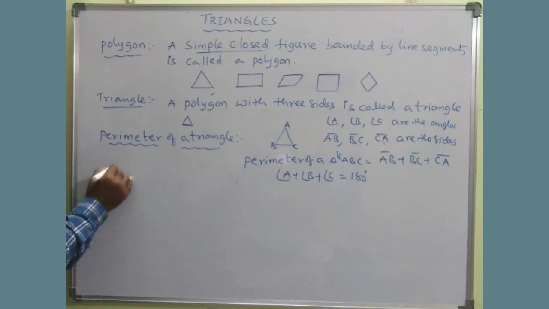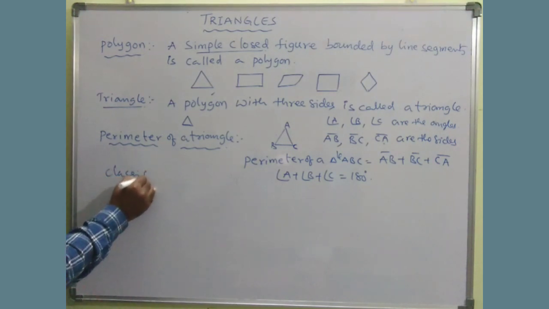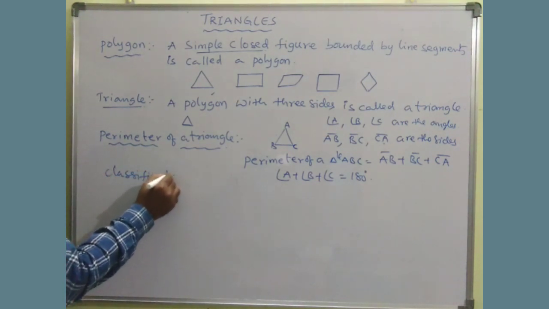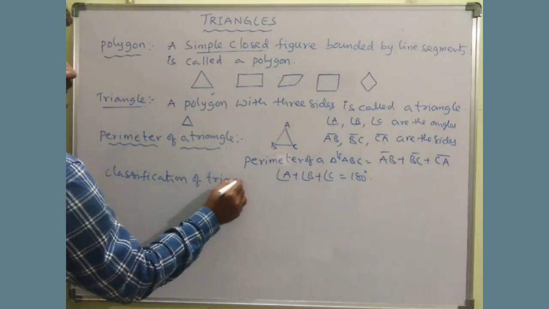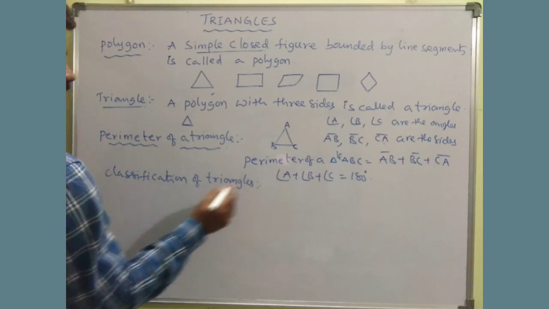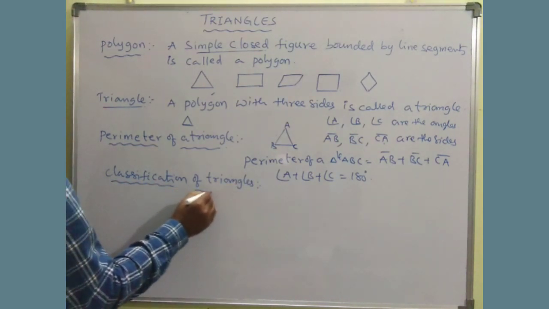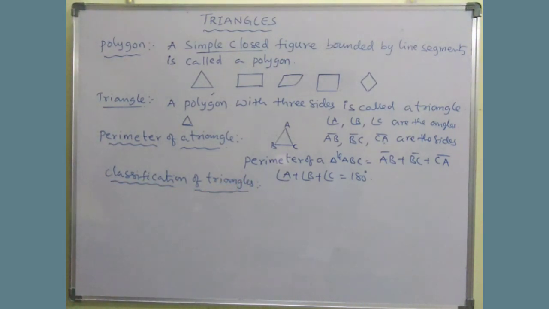Next, classification of triangles. I mean types of triangles. See, this classification is done according to the angles as well as according to the sides.